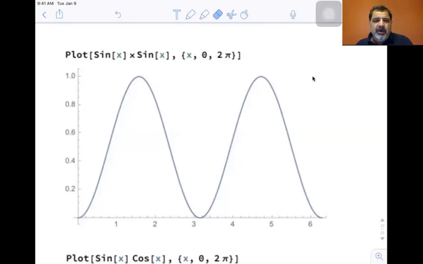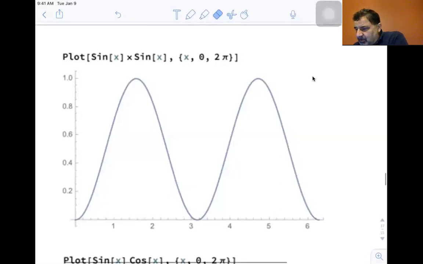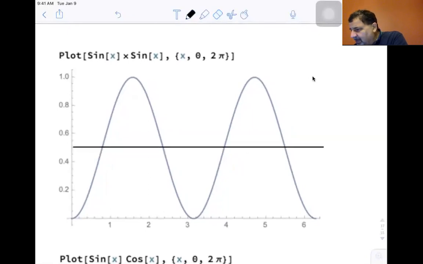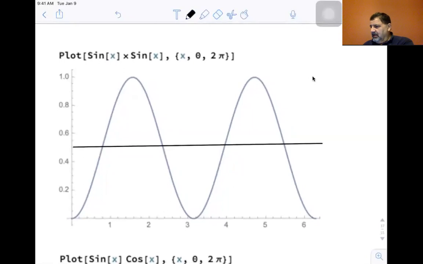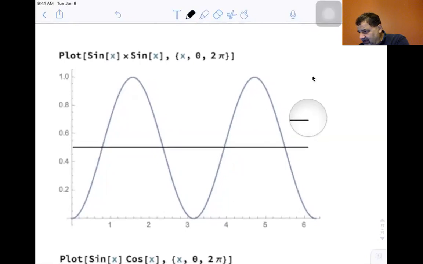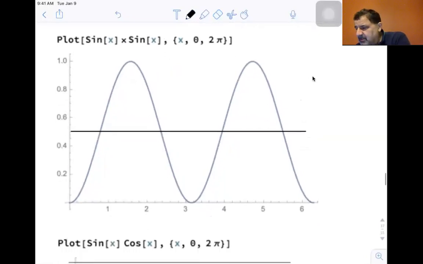Now, sine squared x is equal to sine x times sine x, and you can see what the average is. Well, if we take the 0.5, whoops, I've got the eraser. If we take the 0.5, the average, well, it's a little slanted, but we'll fix that. Is that about right? The average of sine squared x is equal to 1/2, just like they said.